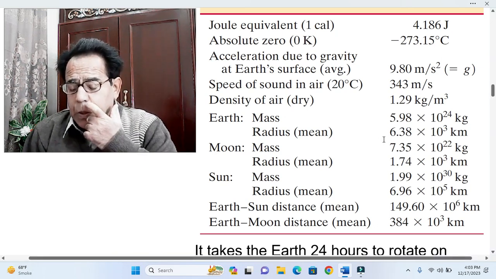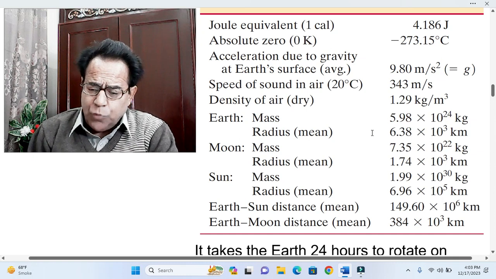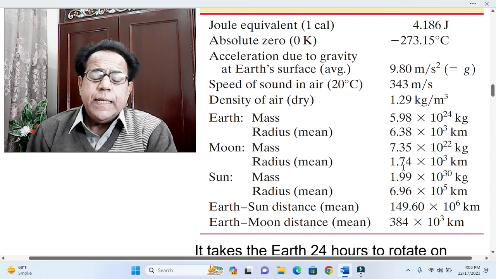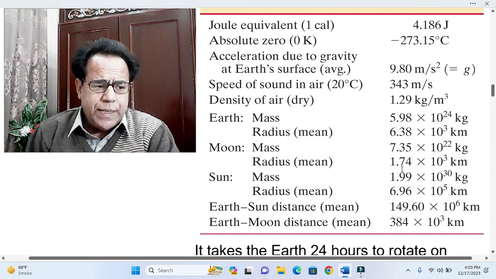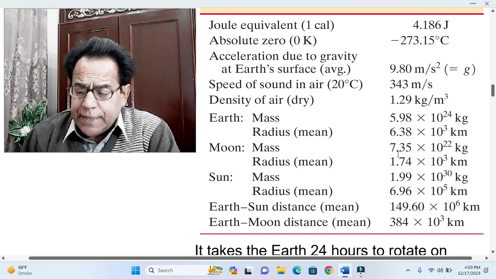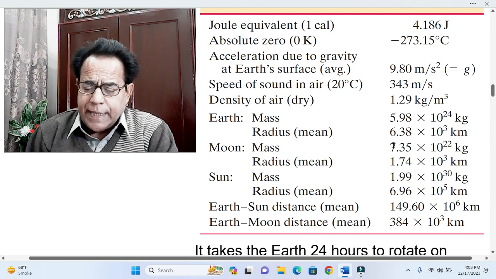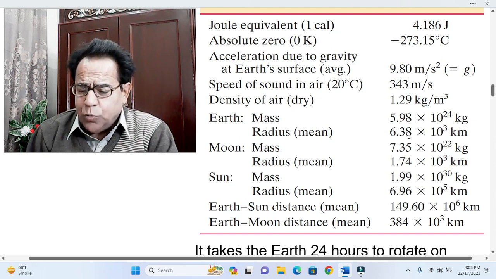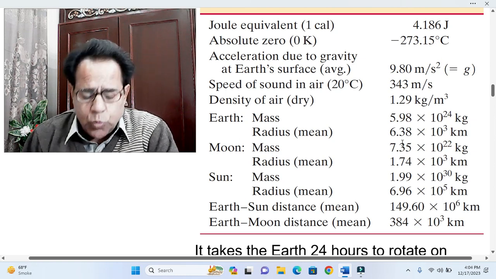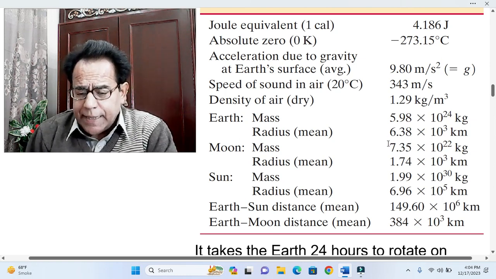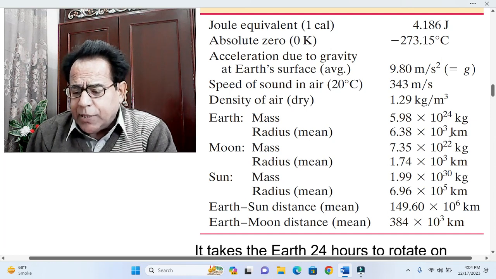Actually, dear students, the purpose of including this snapshot in this video is just to ensure that we are not bound to the value given by the statement. Even if this value is not provided in the statement, we can take it from such a table, which is an essential part of every book of physics. So here radius means 6.38 into 10 raised to the power 3 kilometers.